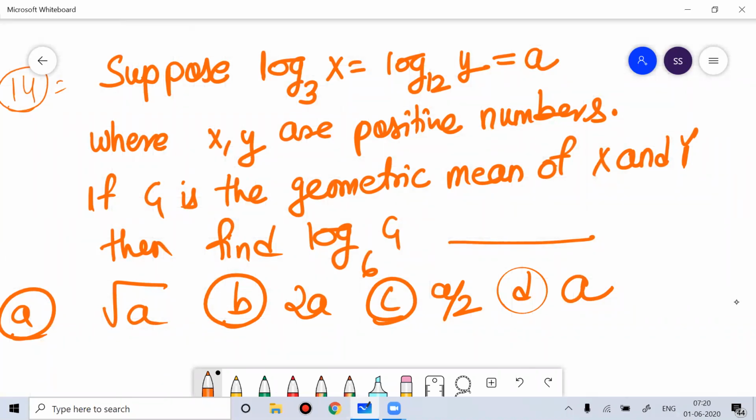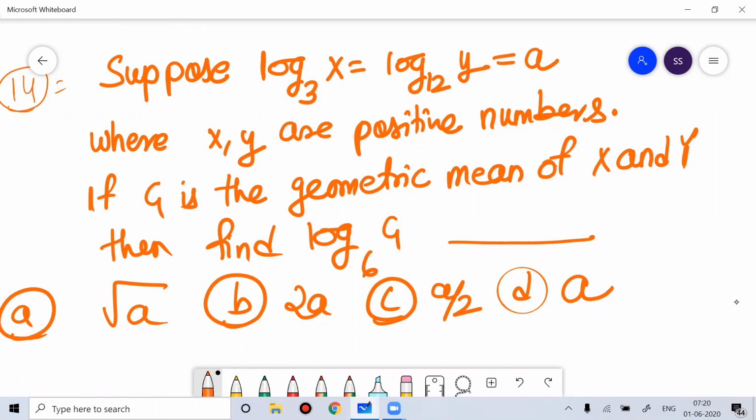Suppose log base 3 of x is equal to log base 12 of y is equal to a, where x and y are positive numbers. If G is the geometric mean of x and y, find log base 6 of G.